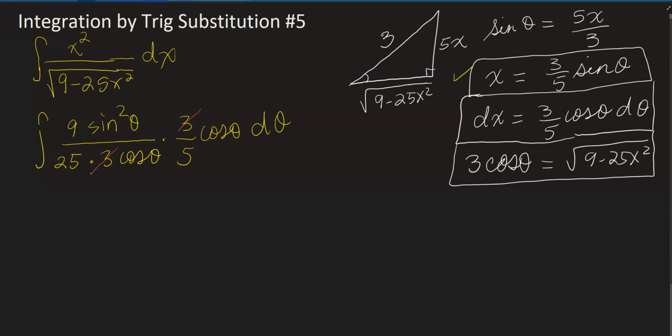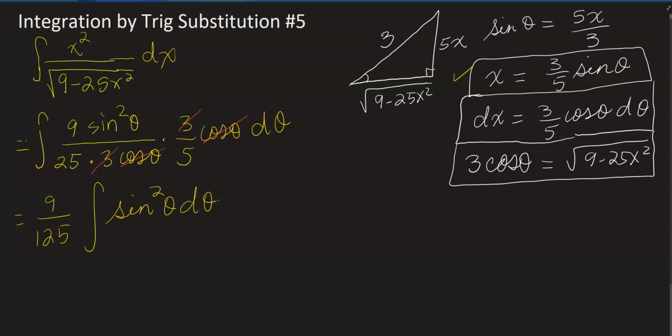3 divided by 3 is 1. Cosine divided by cosine is 1. So we have 9 over 125. I'm going to go ahead and write that in the front. The integral of sine squared theta d theta.